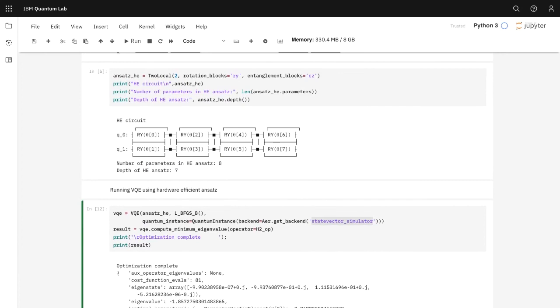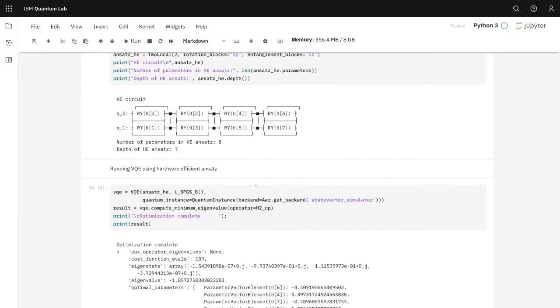Or it can be any quantum device that you have access to. And so when we have this VQE object, we can simply call compute minimum eigenvalue and pass our qubit Hamiltonian.